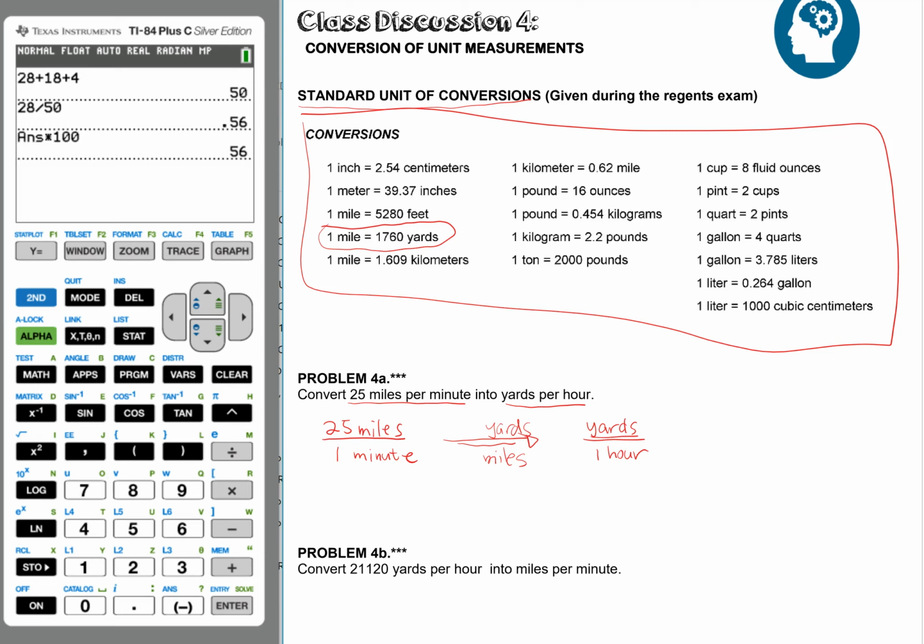So then you write the standard equivalent. 1 mile is equivalent to 1,760 yards. In this case, if I use the standard unit of measurement, this will cancel out miles. Now your next goal is to eliminate minutes.